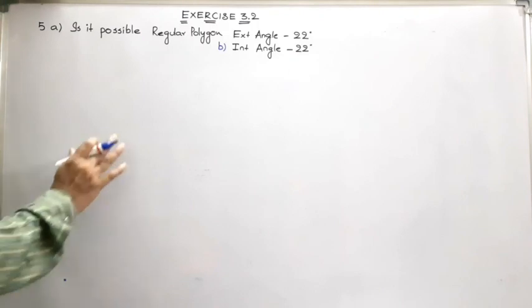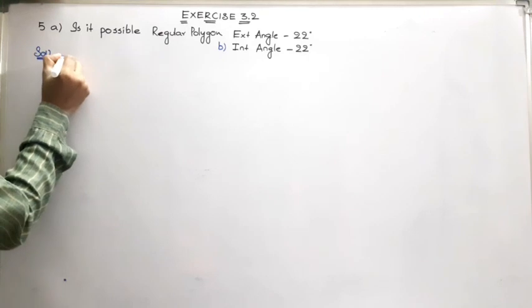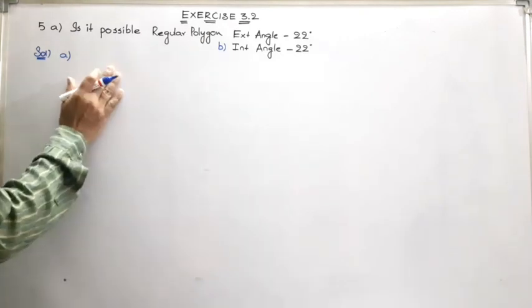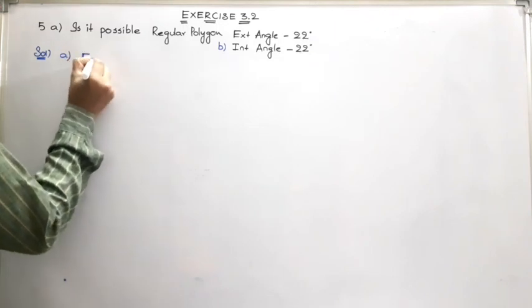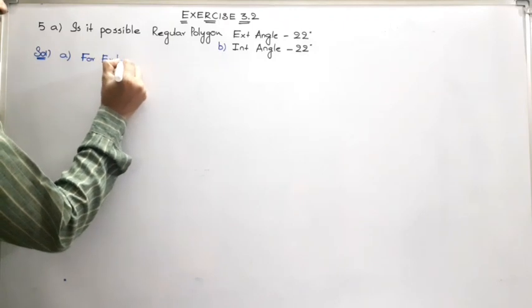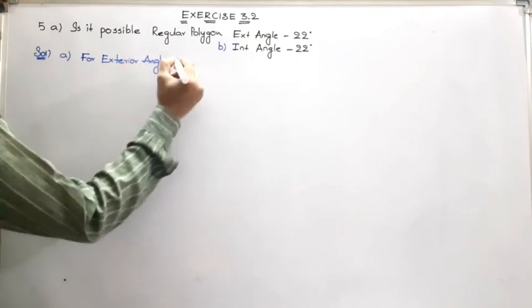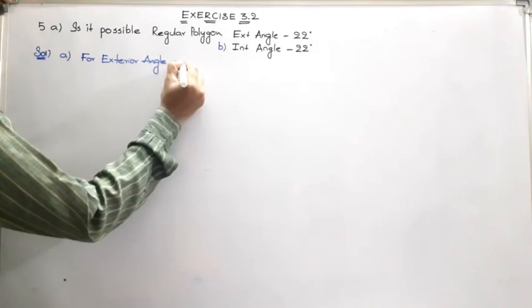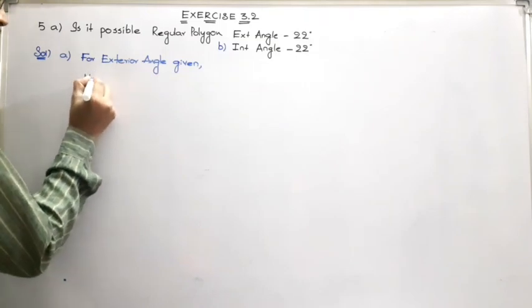Okay, now look. So I am writing the solution for A first. Exterior angle is 22 degrees and interior angle is 22 degrees again. First let us look at A. For exterior angle given, what is the formula to find the number of sides?